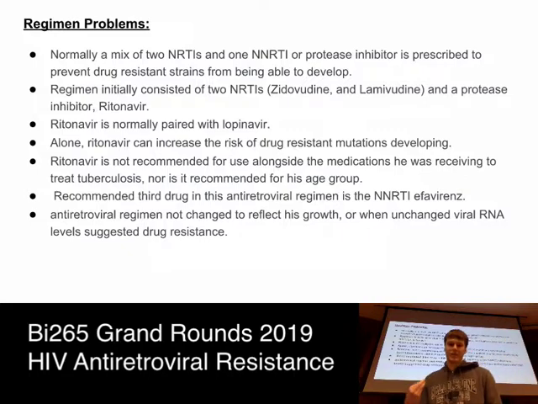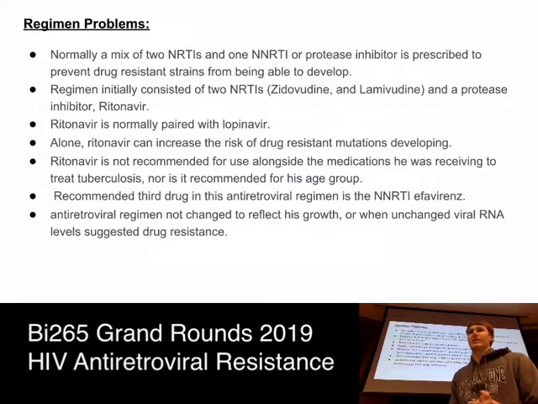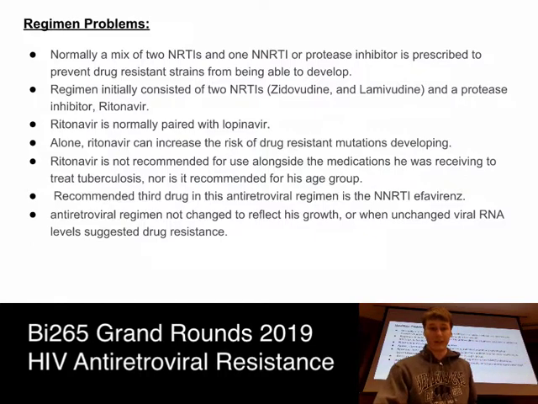The final thing that went wrong was that his initial regimen was not changed to reflect his growth as he got older and bigger. His doses were not increased, and they were also not initially changed when unchanged viral RNA levels suggested that his infection had developed some resistances to the regimen he was receiving.